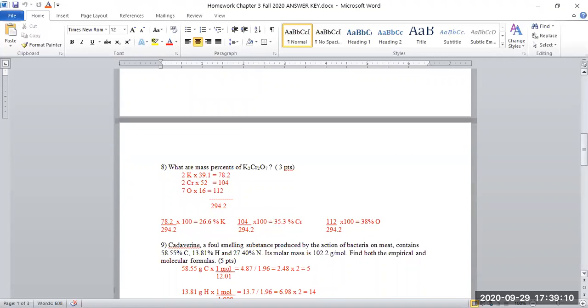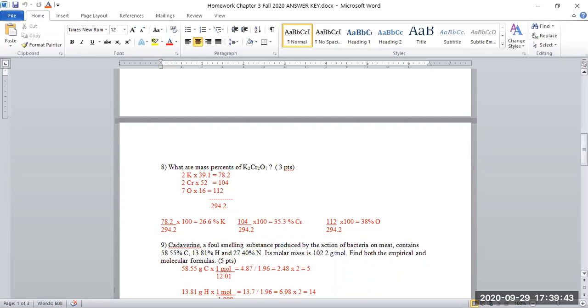Mass percents must be done for all of the atoms of the element in that particular molecule. I have 2 potassium, 2 chromium, 7 oxygen. Again, there's sort of a method to this that I went through in the notes, if you set them up such that when you are multiplying across, you've kind of already done about half your math, because 2 atoms of potassium will give me 78.2.